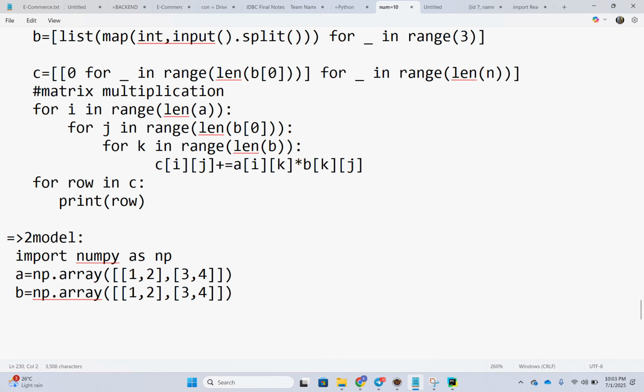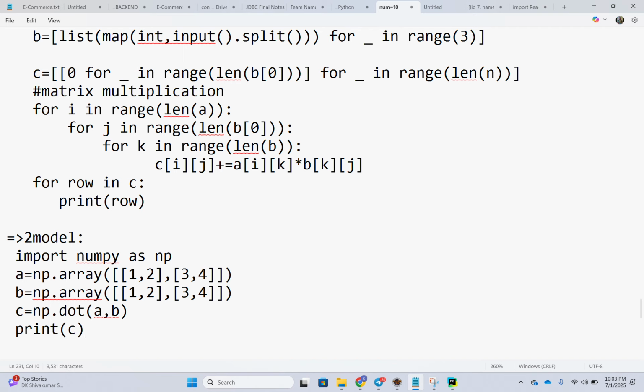Now I'll perform matrix multiplication. See how I declare c: c is equal to np dot dot, followed by a comma b, then write print c.